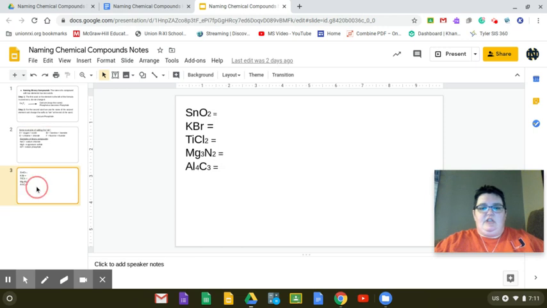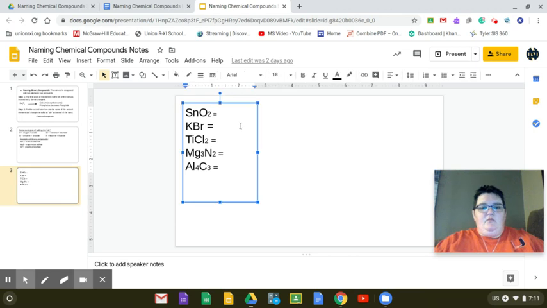Let's go ahead and look at these and see if we can figure out how to do some of them, kind of practice them. The first one we've got here is SnO2. The first thing we do is go to our periodic table, because we look at the Sn first.